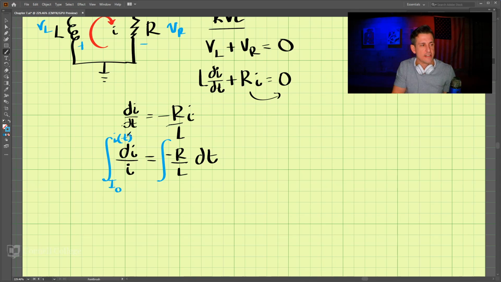So current as a function of time, from the initial to the current. And then here we're going to integrate from 0 to t on this side.